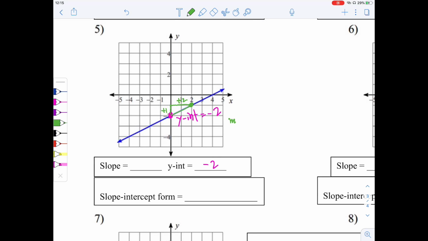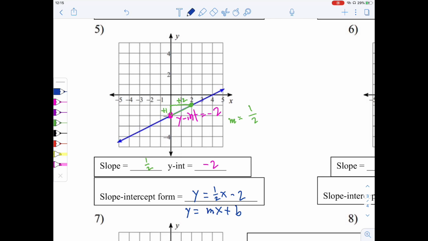So our slope, the rise over run, is going to be up 1, right 2. So it's 1/2. So our slope is positive 1/2, and it's going up to the right. So that makes sense. So in our slope intercept form, again, compare it to y equals mx plus b. So we get y equals our slope 1/2 next to the x, and our y-intercept is negative 2. So we get minus 2 at the end.